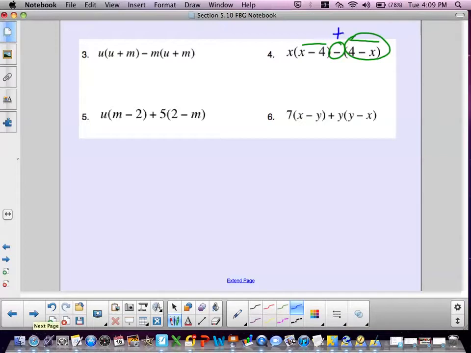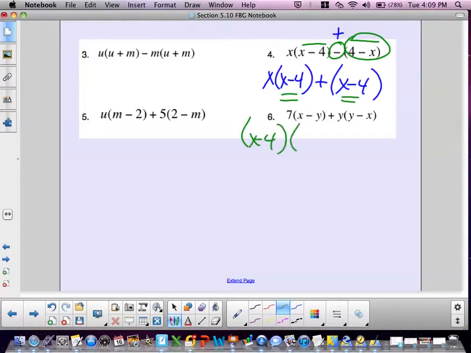So a quicker way to think of it, I have my first term. If I change the subtraction sign to an addition sign, it allows me to just go ahead and rewrite that second binomial as x minus 4. So now I have my matching pair, and then what remains behind is x plus 1.